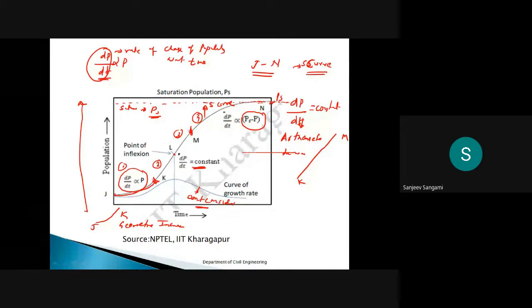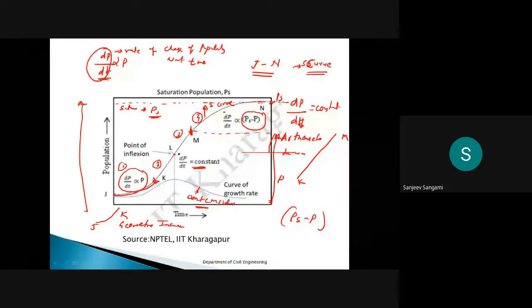From here to here, the population is P, and this part will be PS minus P.